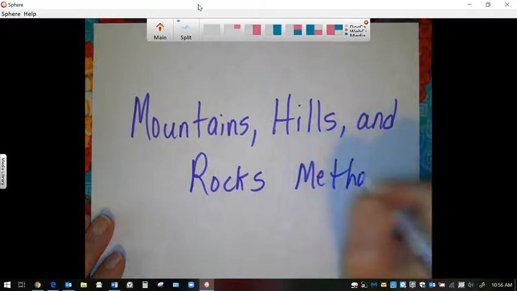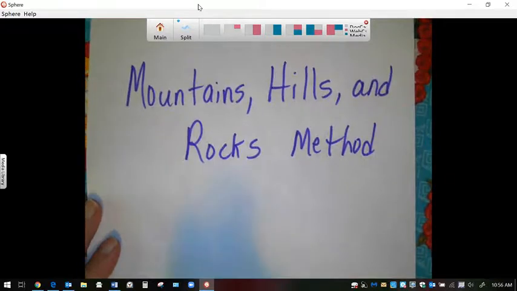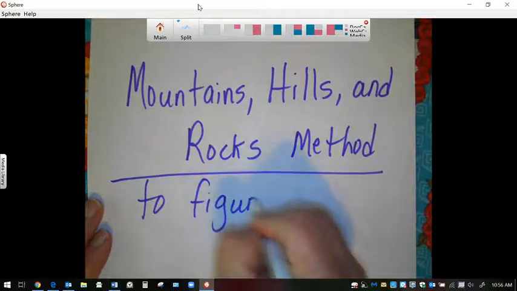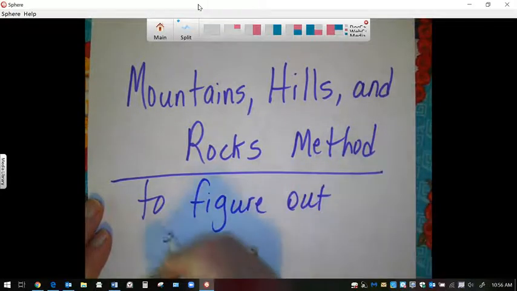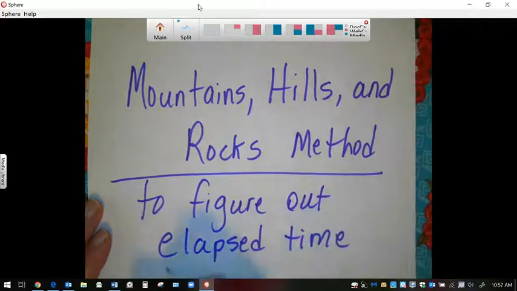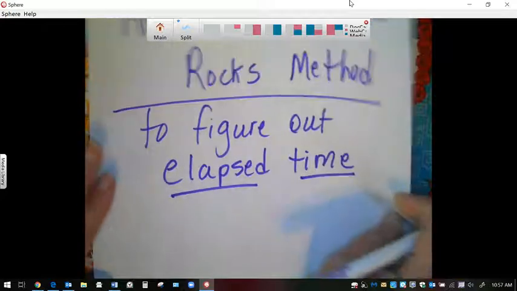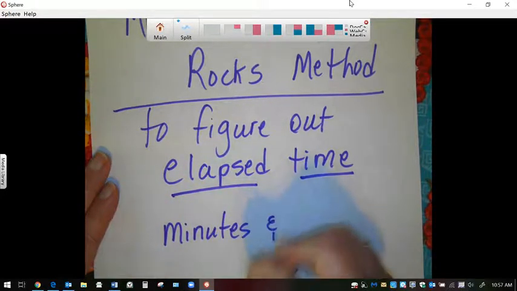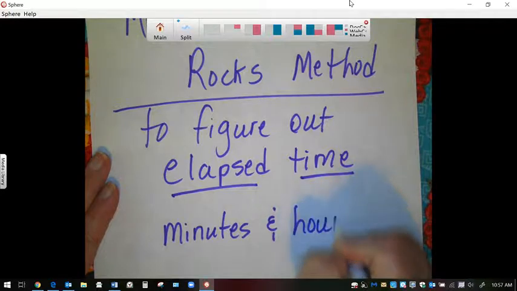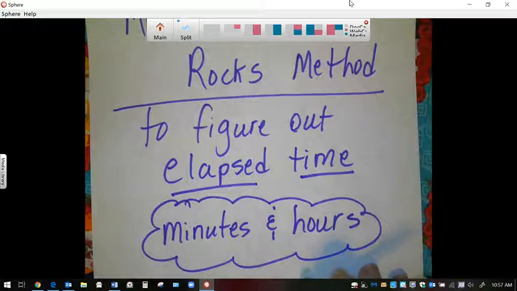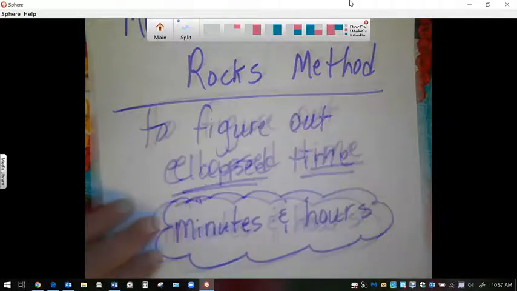And this is only used to figure out elapsed time when it gives you the minutes and the hours. Okay, I'm going to show you a different strategy after this for when it gives you the actual time, the start time and the end time. All right, so let's go ahead and begin.